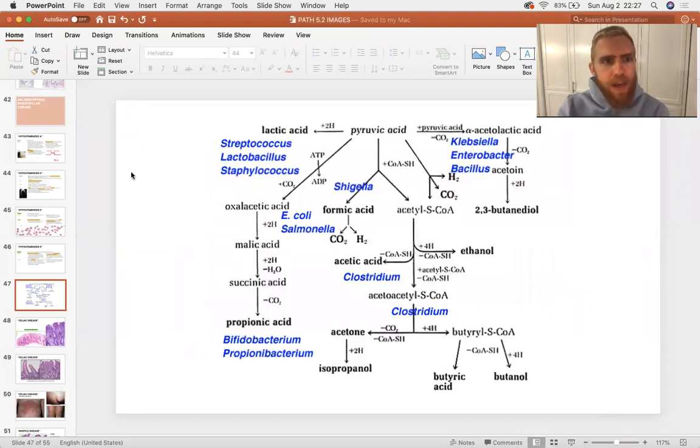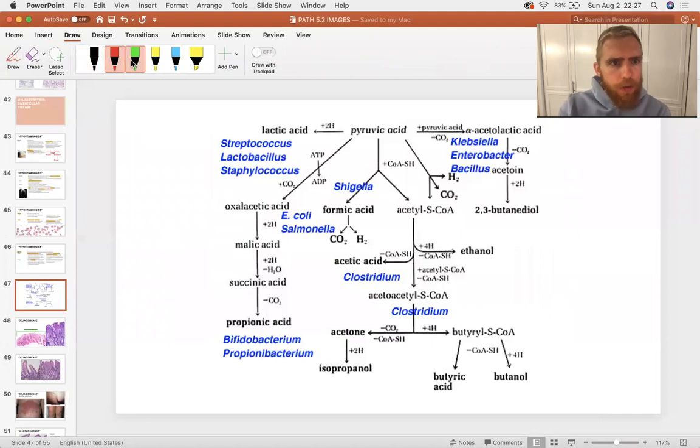And so what we are talking about when we say that bacteria metabolize sugars and fatty acids down into hydrogen, I found a good chart that explains that. If you look at what Shigella is doing right here, it gives you an example. Shigella is going to take pyruvic acid, metabolize it down to formic acid, and then split that formic acid, which is like formaldehyde essentially, into carbon dioxide and hydrogen gas. So all these different bacteria are fermenting.